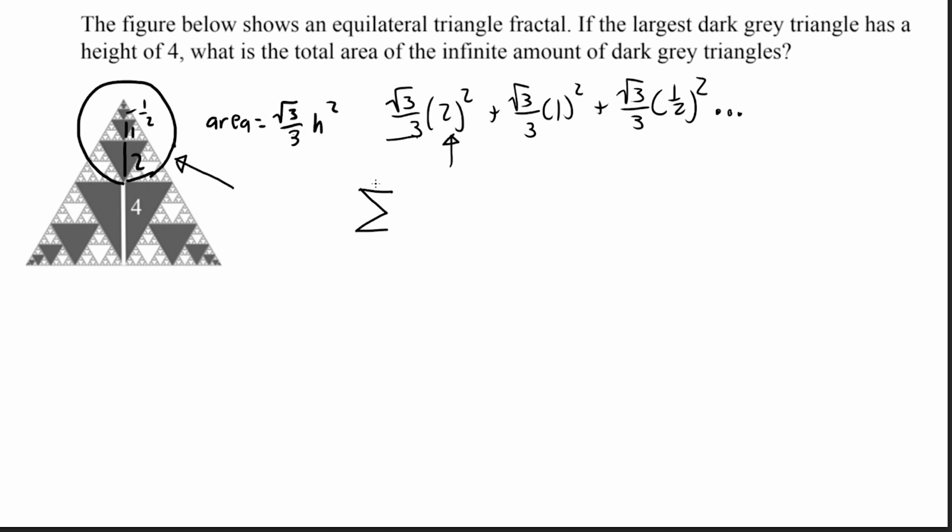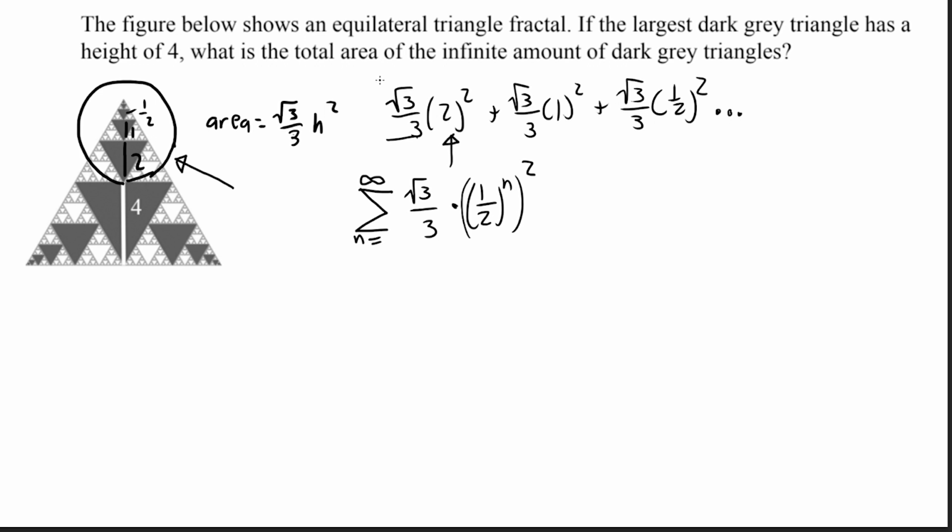So we can use this to write an infinite series. And so it's going to be an infinite amount of terms because there are an infinite amount of triangles. And then we don't know the starting term yet, but we know that there's a constant, and then there's always going to be 1/2 to the n, and this is going to be squared.